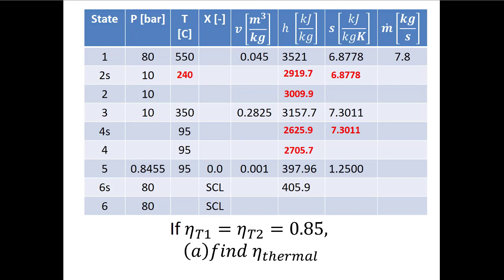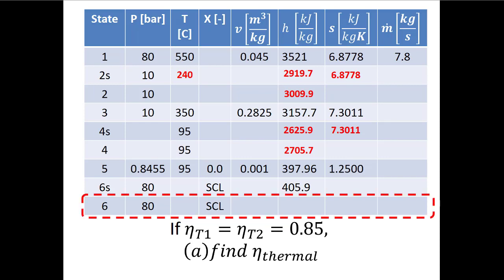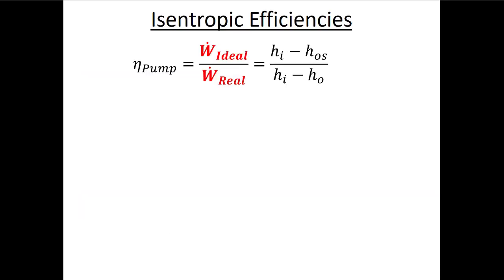So how do I go about finding the pump's real outlet? Now I want to think about the isentropic efficiency for a pump. Isentropic efficiency for a pump is again power over power, but because the power consumed here is a cost to the cycle, we have to pay more in the real case than we would in the ideal case.